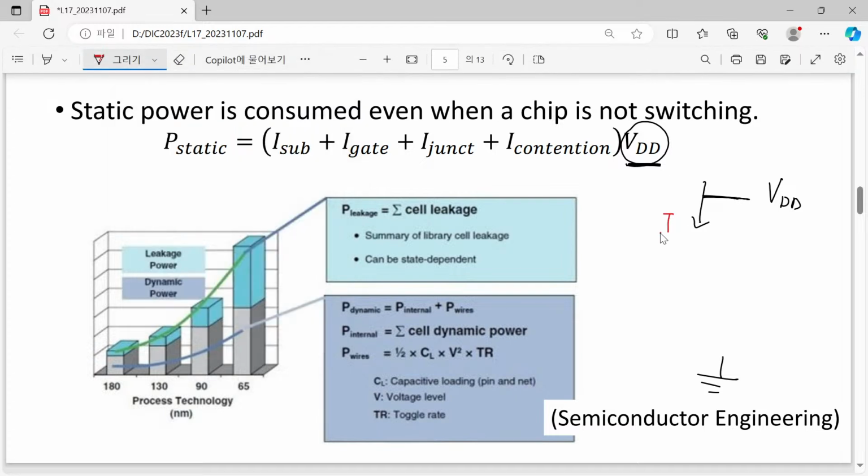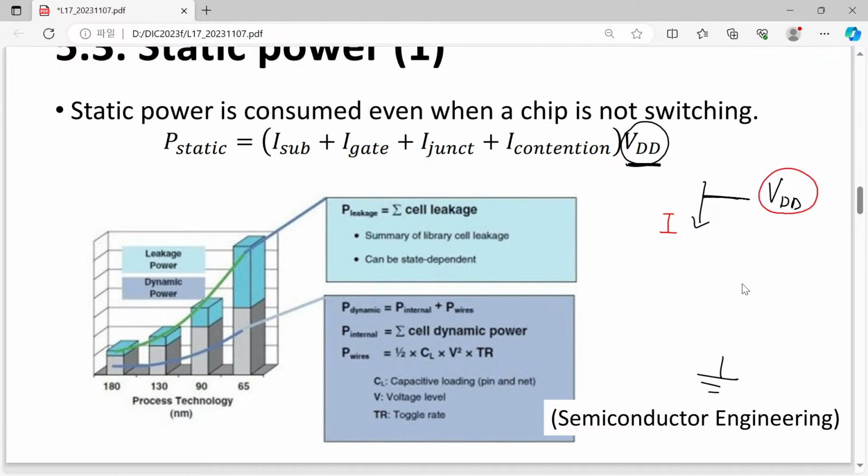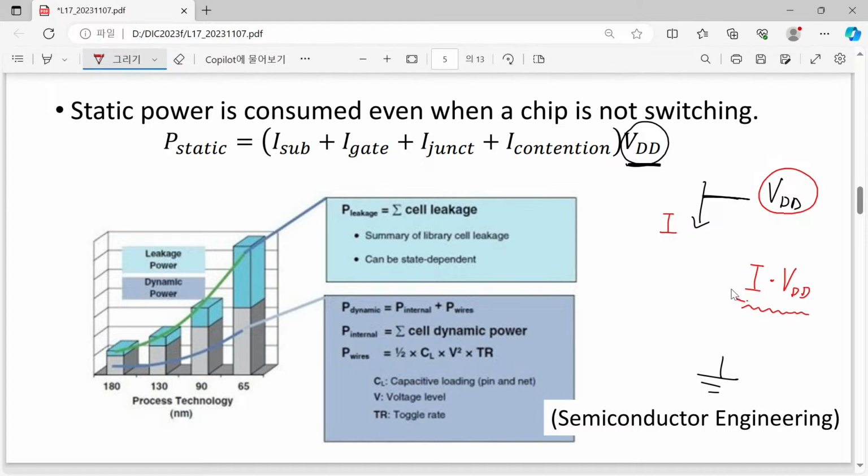So if we have a certain current I from our battery VDD, then the power spent by our battery system will be given by VDD times I. Then our remaining concern is how we can calculate or estimate this current I in this system.